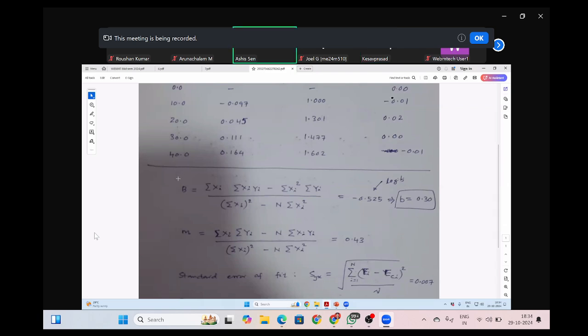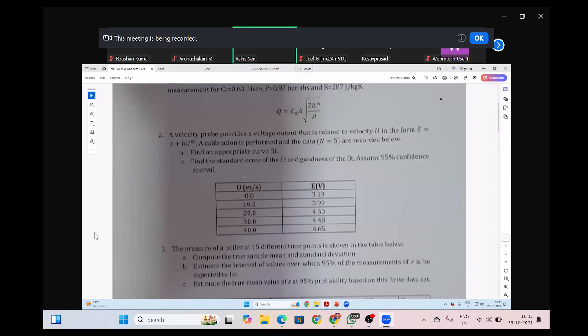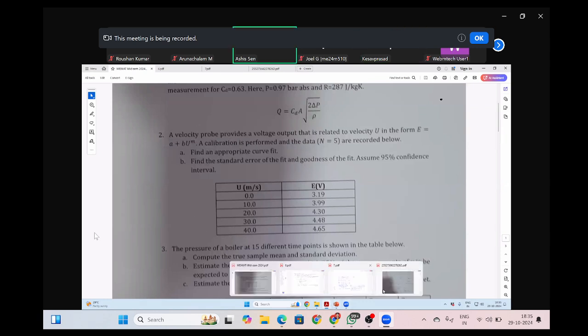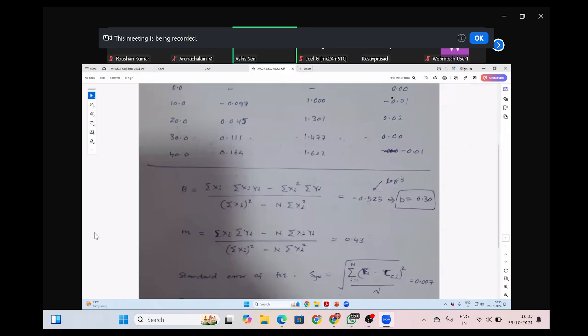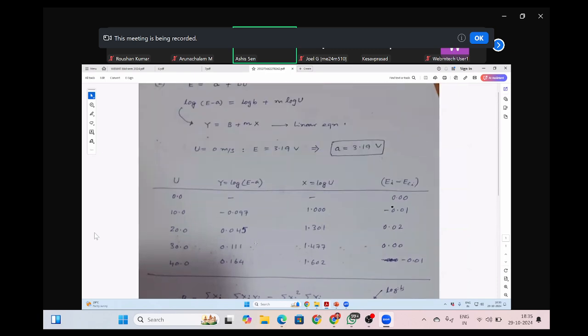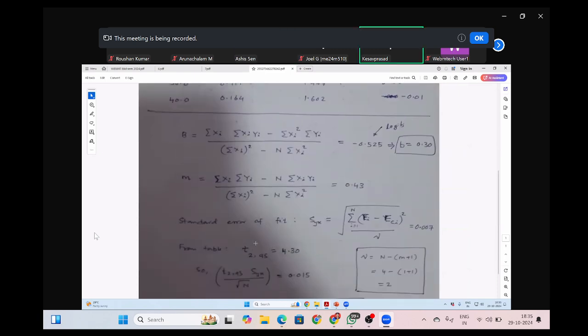We are looking at the best fit, and the best fit is basically the fit that we get by minimizing the error through the method of least squares. If I ask you to do a linear fit, then it is okay. But we are asking you to find a best fit, so we have to follow the method of least squares that we studied in the class. Those are approximate methods. Okay. Fine, sir.